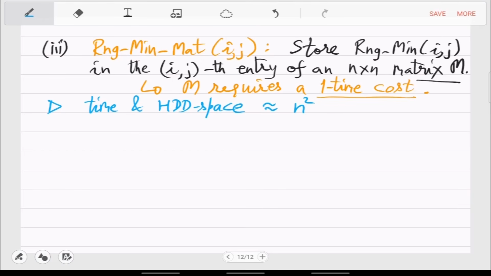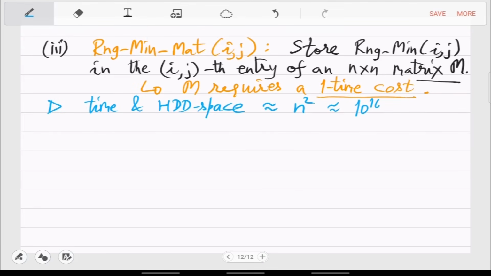Because the matrix is already n cross n entries, and then obviously to compute the value you have to go to each of these places and then compute the value, which again will be almost n square. So both time and space here is n square, which is even worse than before.